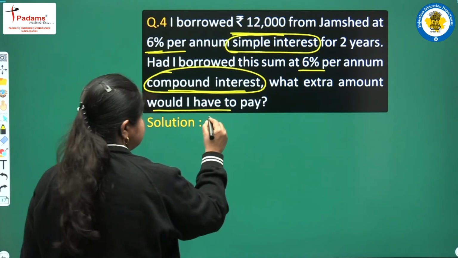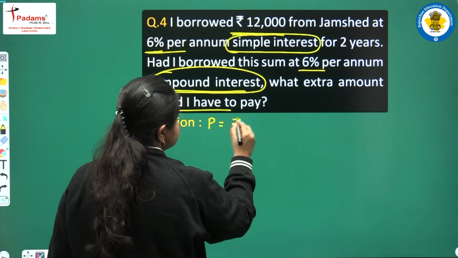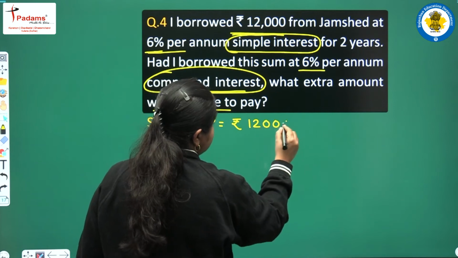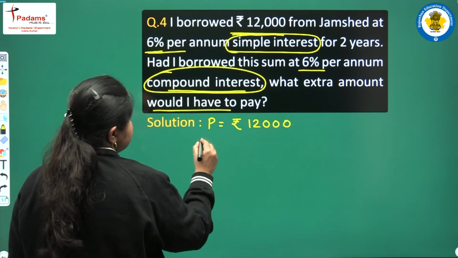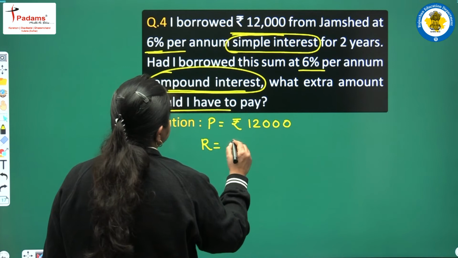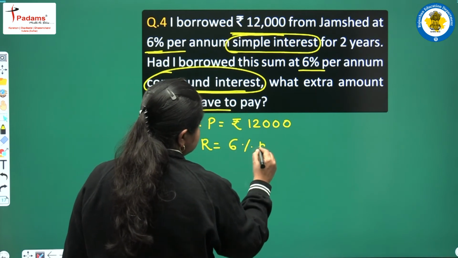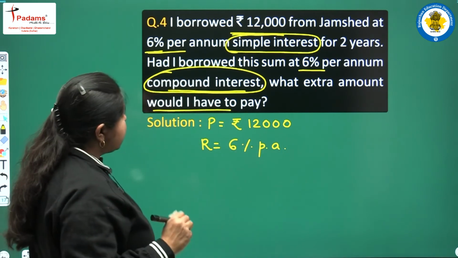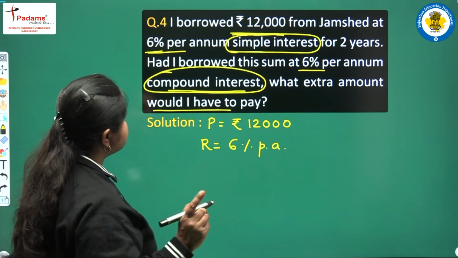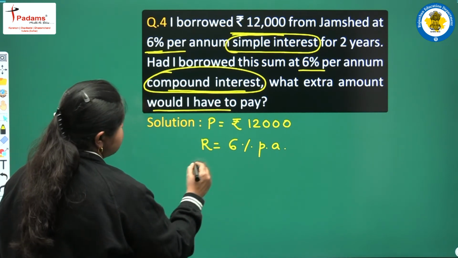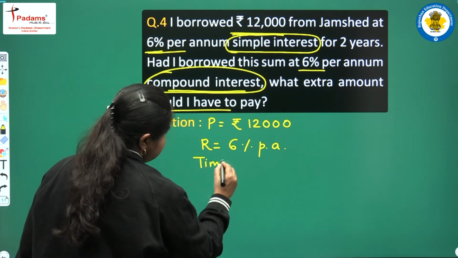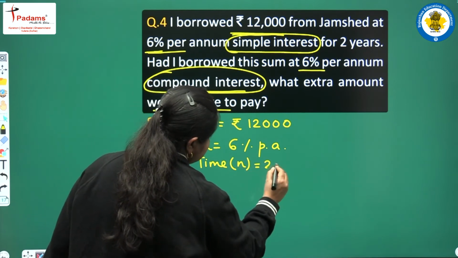So first we write the principal which is ₹12,000. Then we write the rate which is 6% per annum. And then first we will find the simple interest and then the compound interest. Time of course here is 2 years.